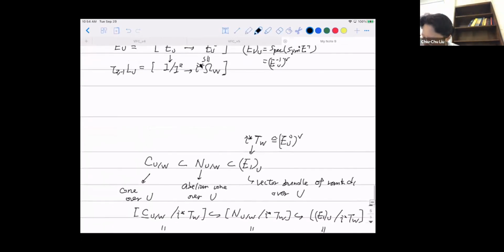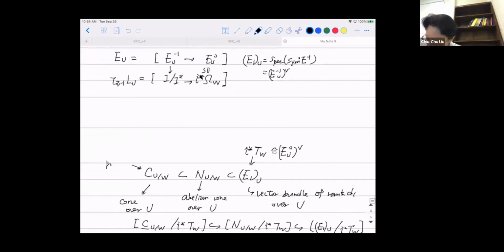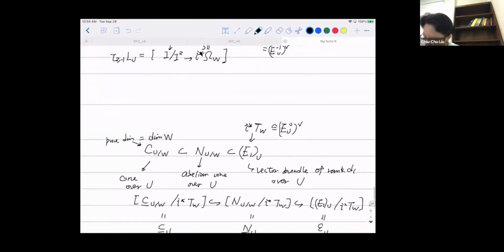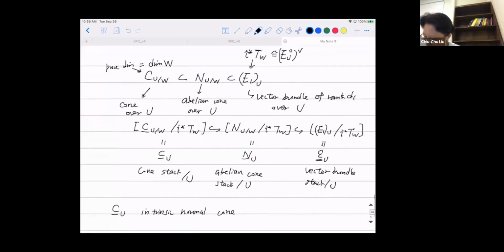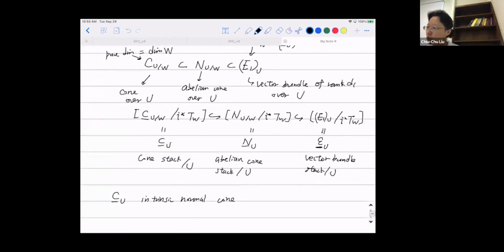The cone has pure dimension equal to the dimension of W, and then it is quotiented by the action of the restriction of the tangent bundle of W, which is a vector bundle whose rank is equal to dim W. So after you quotient, you get this intrinsic normal cone, which can be very singular, but has pure dimension 0.